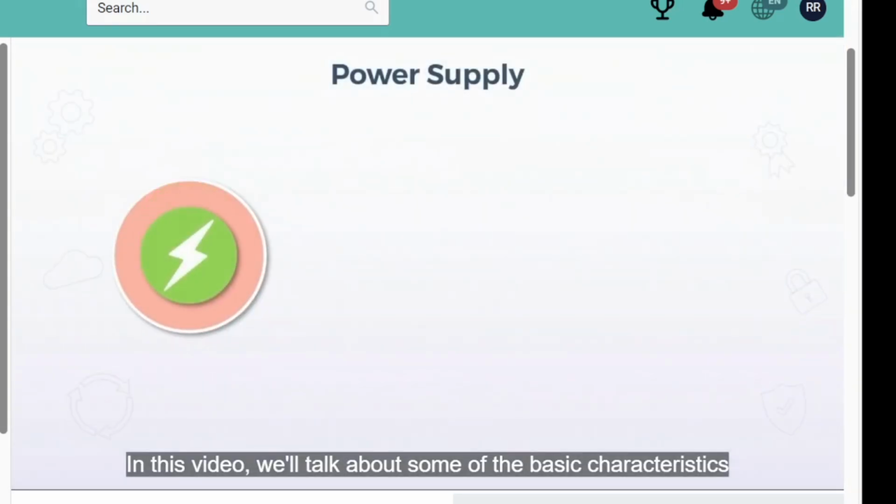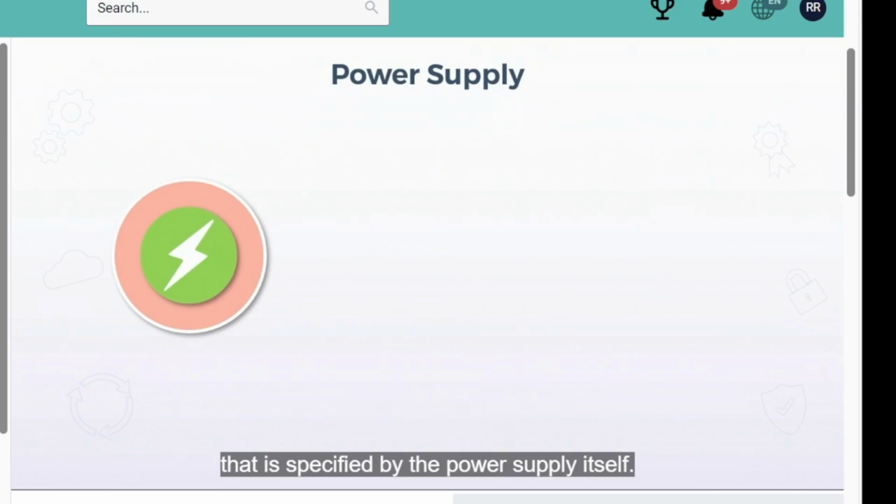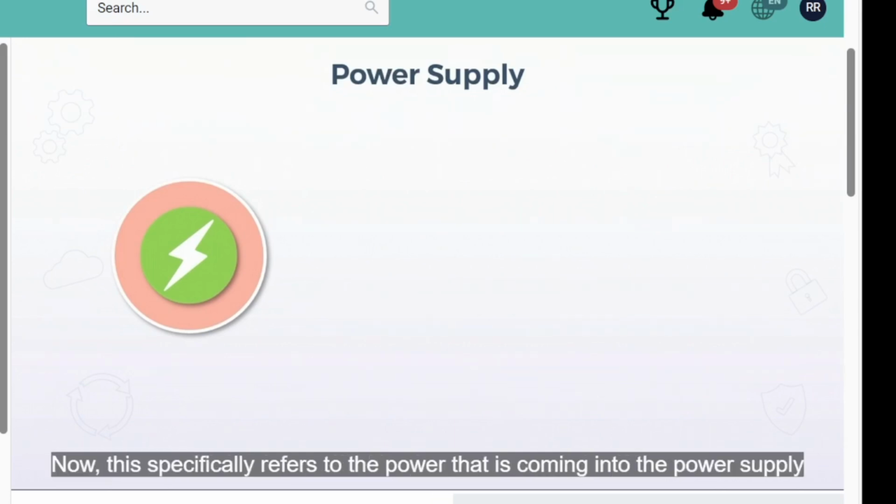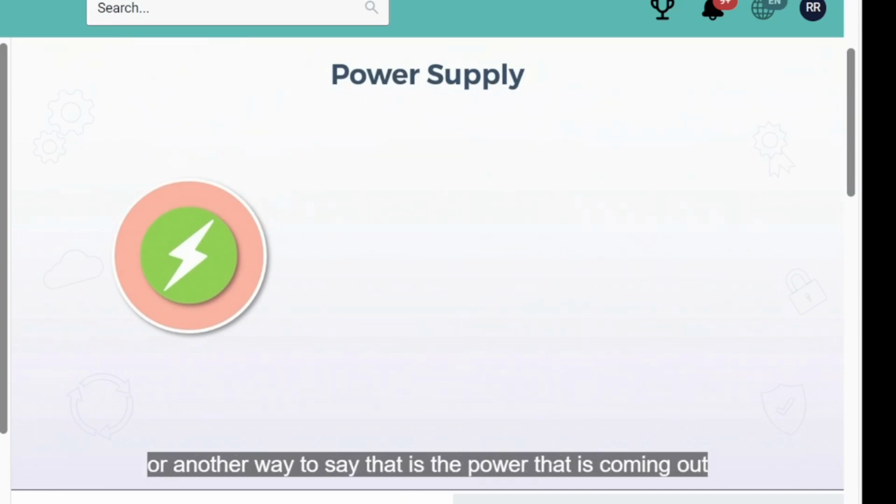In this video, we'll talk about some of the basic characteristics of the power supply for your computer, beginning with the voltage that is specified by the power supply itself. Now, this specifically refers to the power that is coming in to the power supply, or another way to say that is the power that is coming out of something like the plug in your wall.